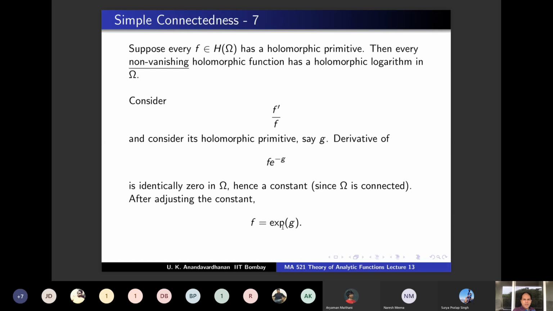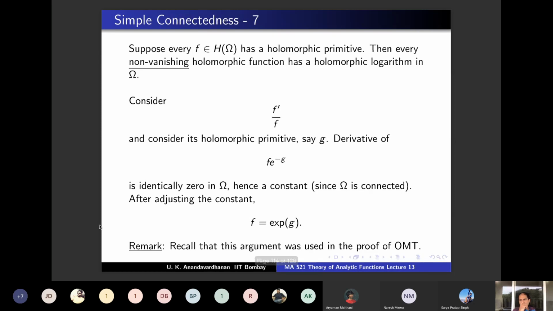This is the meaning of saying that f has a holomorphic logarithm, because f is exponential of g, then we say that log f is g, and g is holomorphic. That's the point. G is holomorphic throughout omega, so log f is holomorphic throughout omega. So every non-vanishing holomorphic function has a holomorphic logarithm.